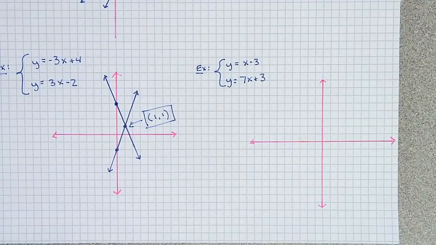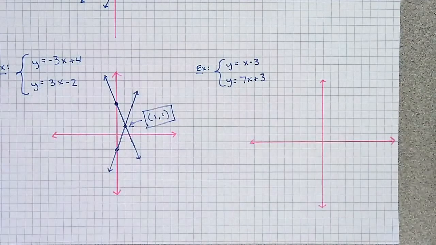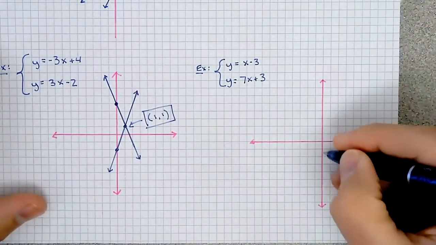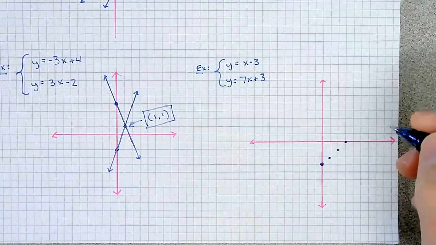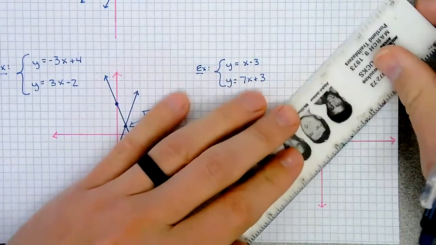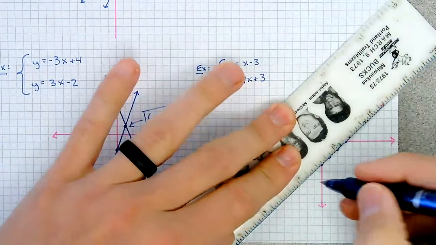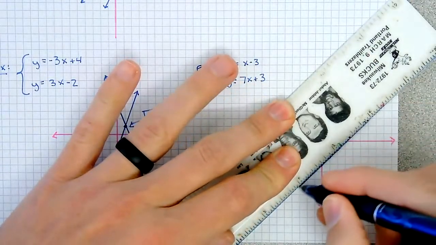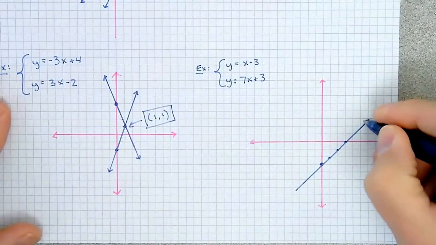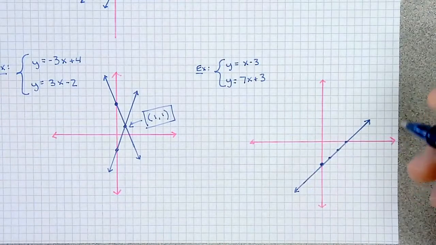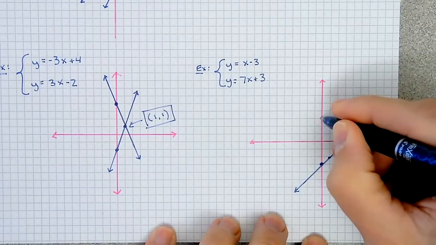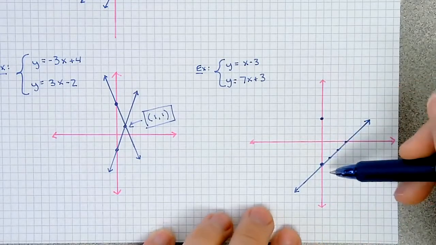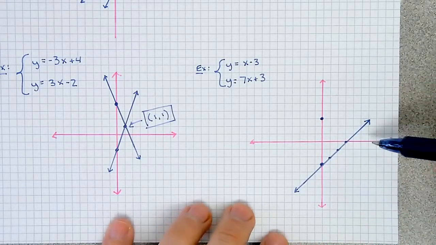All right, one more example here. Y equals x minus 3, y equals 7x plus 3. Graph each one of those. First one, y-intercept of -3 with a slope of 1.